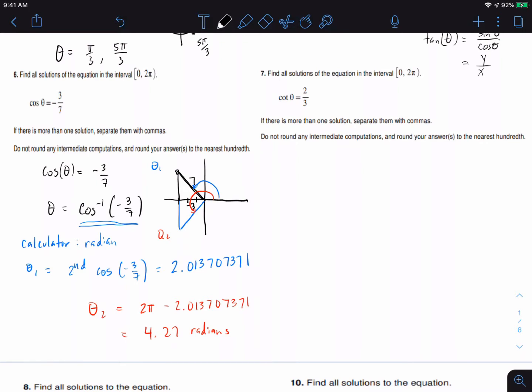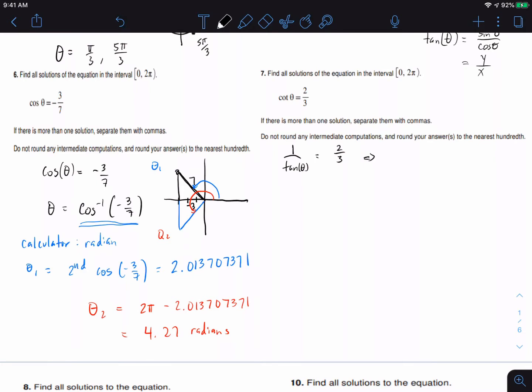In this next example that we're going to do, it's going to be slightly different because we're in different quadrants. So let me show that to you guys so you can see that. In this case, cotangent of 2 over 3 is the same as 1 over tangent theta of 2 over 3, right?